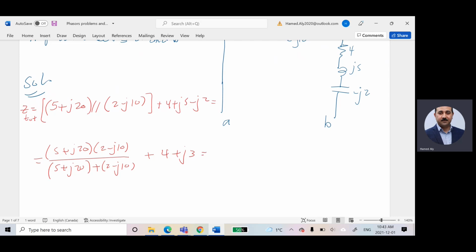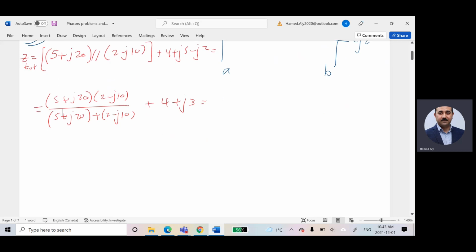So the problem right now is a mathematical problem. How to solve that problem for finding Z total? I will try to do one of two things: convert those to polar, or multiply without conversion and see what's going on. If you would like to multiply, you will multiply this by this and this by this, then this by this and this by this.